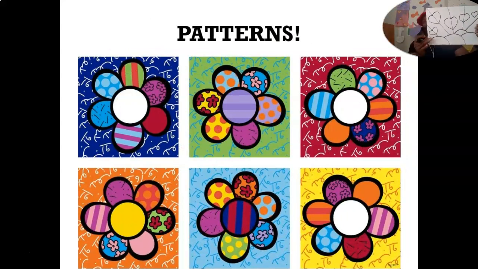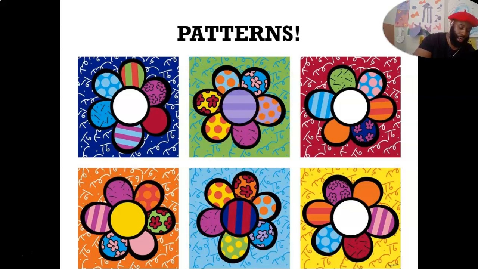So now that I have my shapes on my paper, the next thing that I'm going to think about are patterns. So I'm going to say, I think I'm going to start with the hearts. I can think about curved lines, circles, diagonal lines, zigzag lines. You could think about wavy lines, spiral lines.